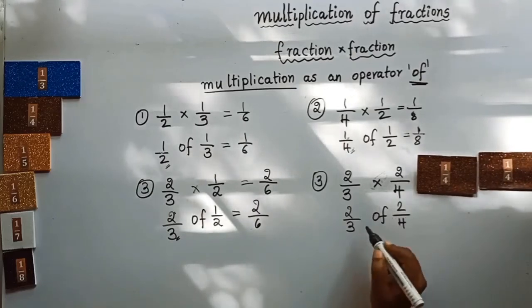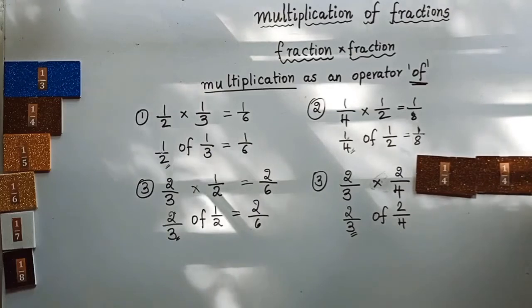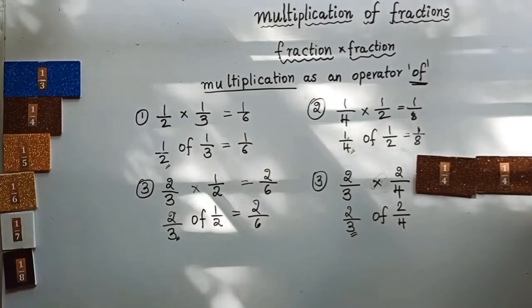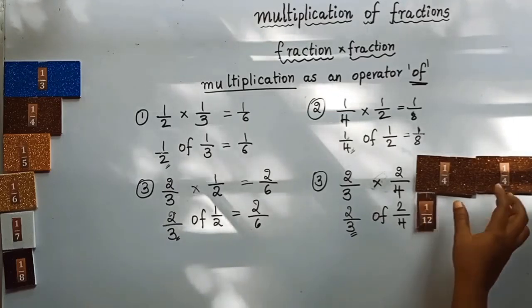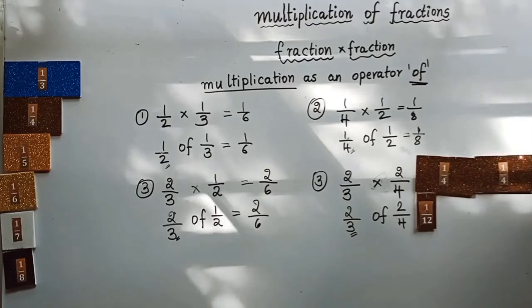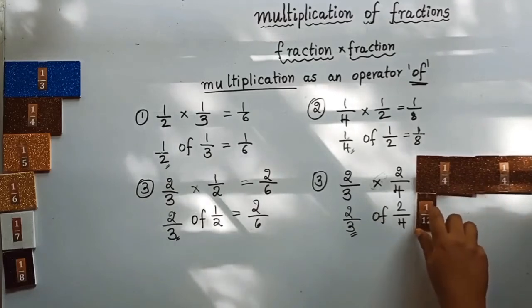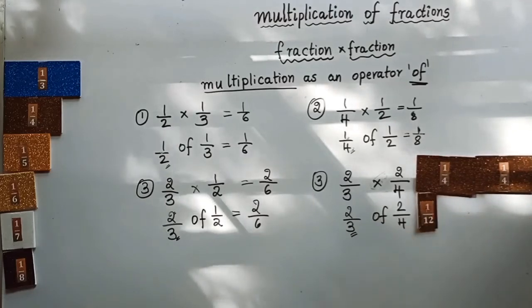Then we have to divide 2 by 4 into 3 parts. By taking 1 by 12, it's not possible.